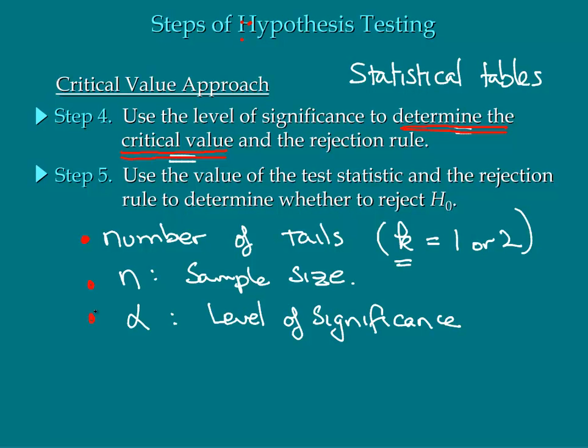Now, use the value of the test statistic and the rejection region to determine whether or not to reject the null. My approach, distilled into one single approach earlier on: is the absolute value of the test statistic greater than or equal to the critical value?